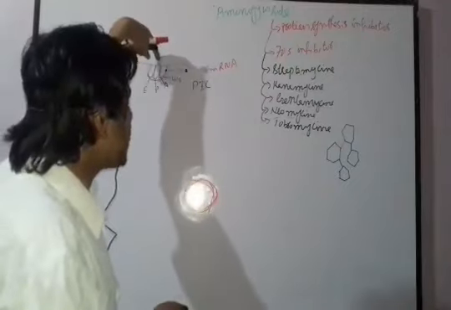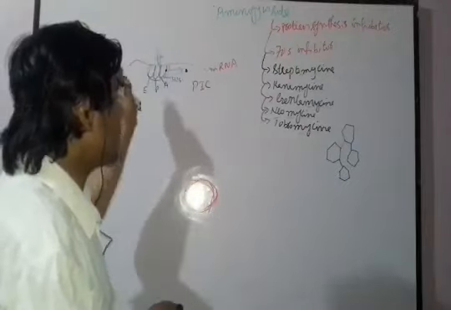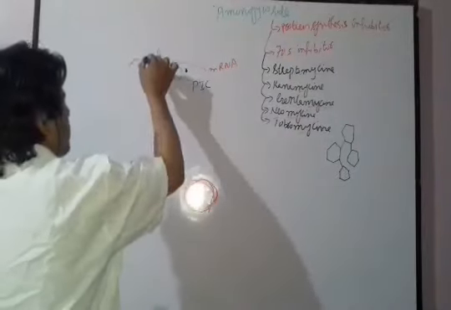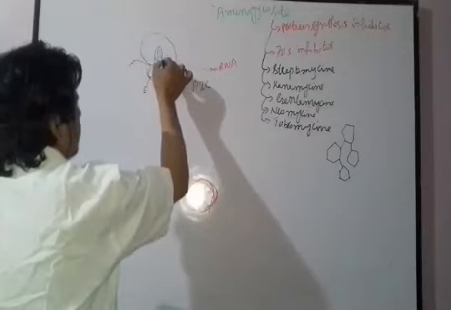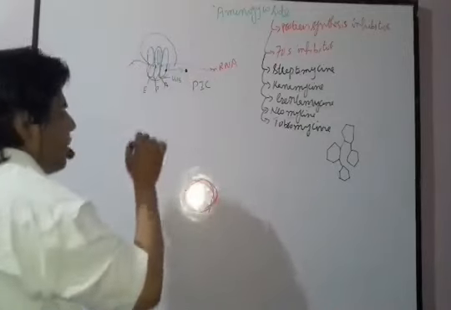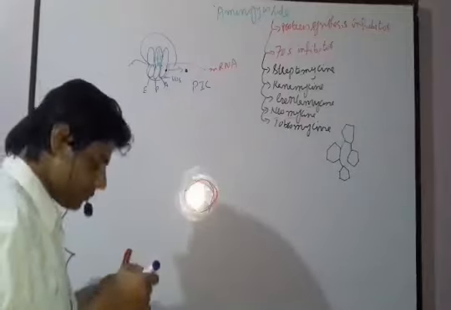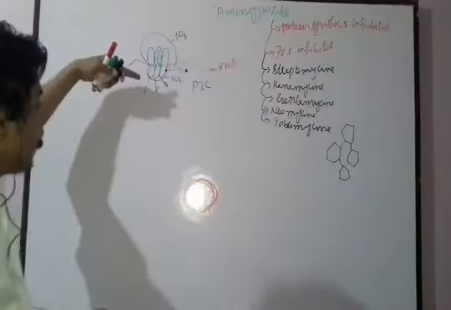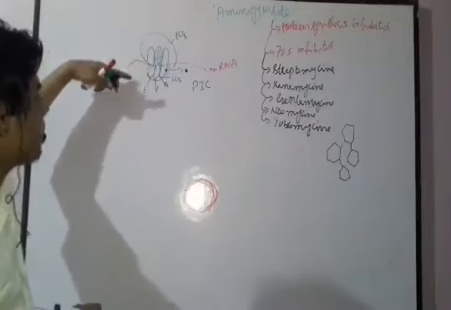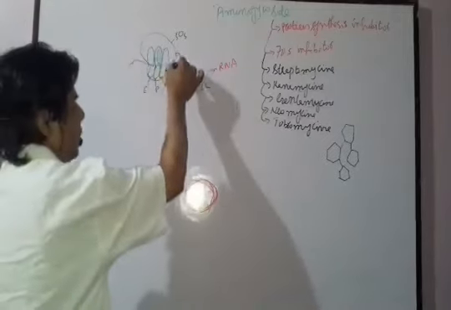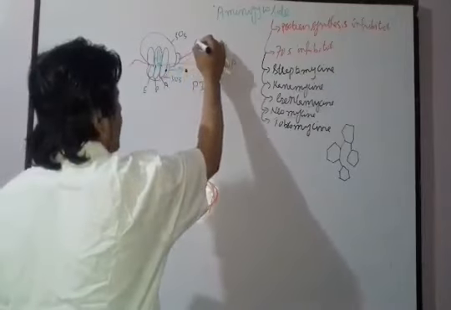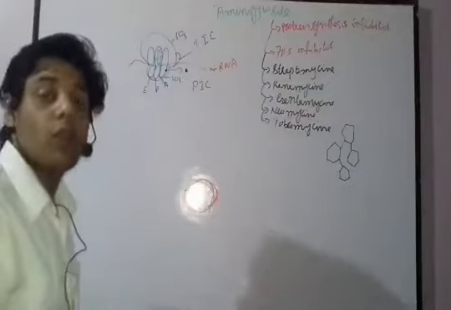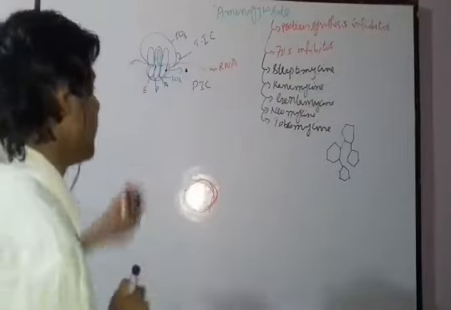When that transfer RNA binds, the release factor is released. After that, the 50S subunit will bind. And the 50S subunit again has three sites, A, P, and E. So this is the 50S. When the 30S, 50S, and messenger RNA are combined together, we call that the translation initiation complex.